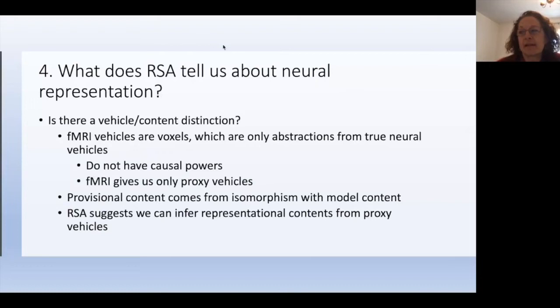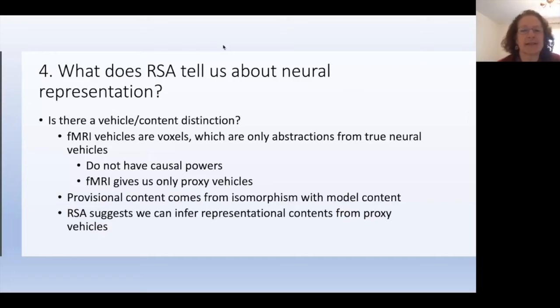The vehicles that you would be seeing in fMRI and RSA using fMRI are voxels, and that is not a real biological vehicle for content, because that's not what the brain uses, right? The brain is using neurons, and there are millions of neurons in a single voxel. The voxels themselves have no causal power. And if the voxels have no causal power, they can't be used by the brain to do anything, so it doesn't give you function either.